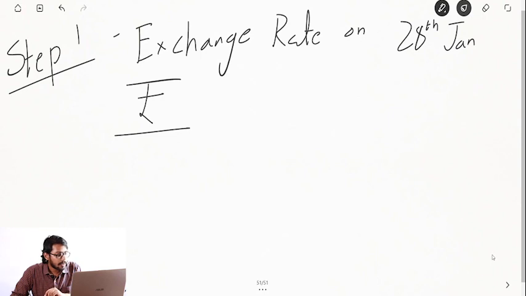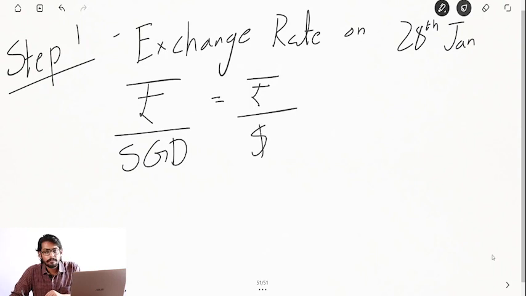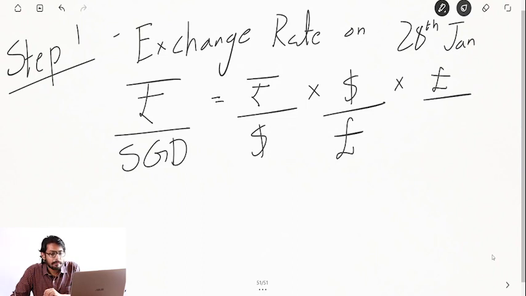Rupee by Singapore dollar is equal to rupee by dollar into dollar by pound, into pound by Singapore dollar. GBP is Great Britain pound. Dollar and dollar get cancelled, pound and pound get cancelled, and you get rupee by Singapore dollar. Now, what are the rates given in the question?